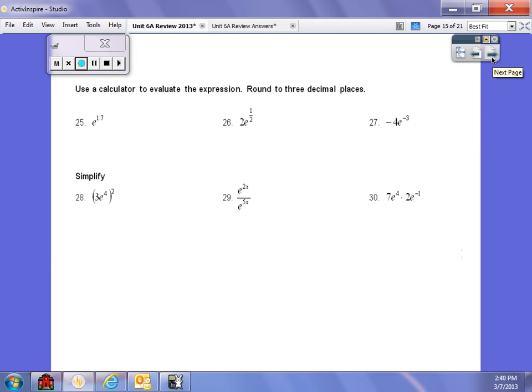Okay, last question are your E's. So anytime it says evaluate, I need a decimal answer. And make sure that that decimal answer is to 3 decimal places. So e to the 1.7, that's 5.4739. So that 9 at the end is going to round the 3 up to 4. Okay, 2 times e to the 1/2.